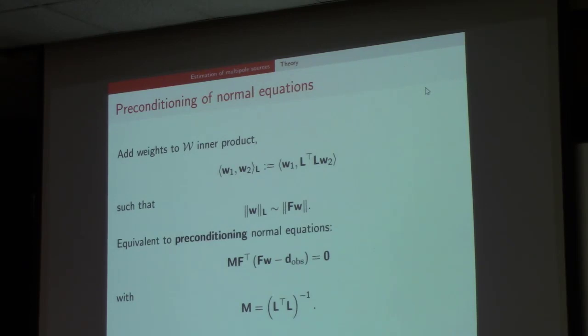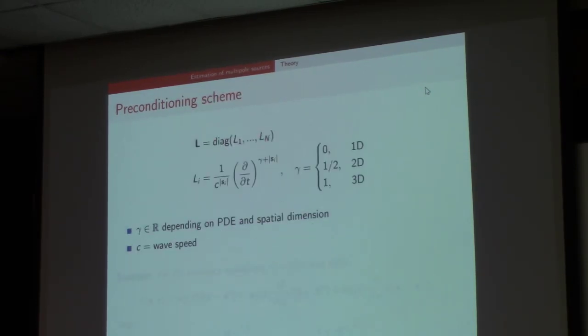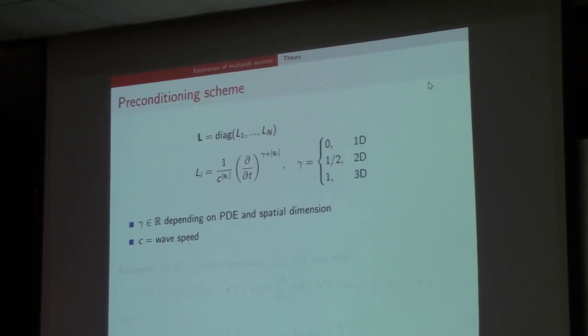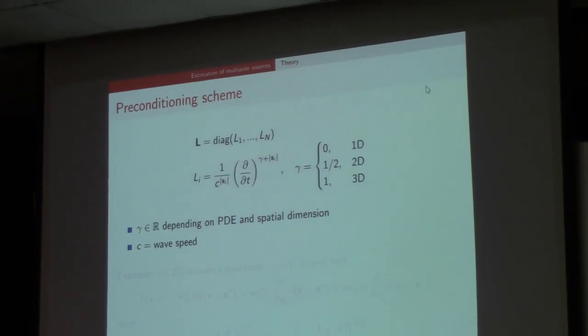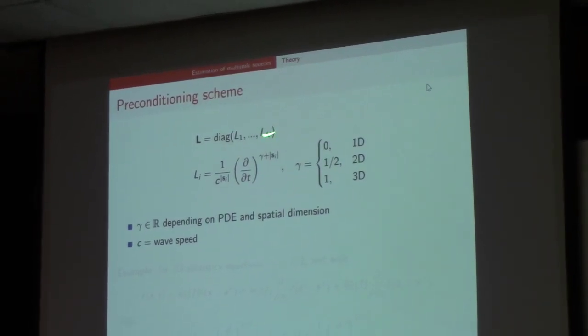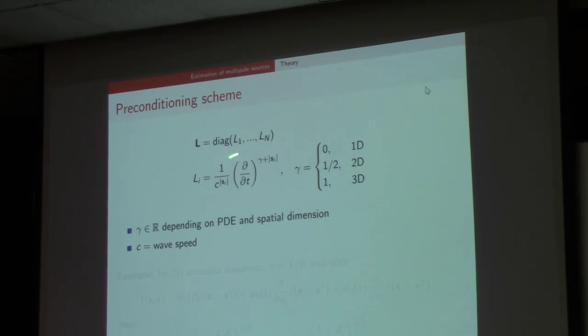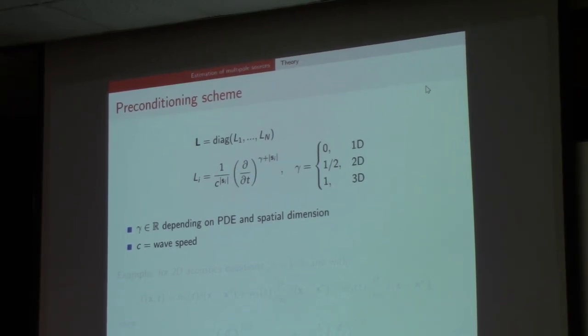We want to introduce this preconditioner. And so then you would ask, well, what should L be? You have a general idea what you want it to be, but specifically, what is it? This was quite an interesting result that we observed. L is going to be a diagonal operator, and it's basically nothing more than temporal derivatives of a certain order, scaled by 1 over the velocity, depending on the multipole order.